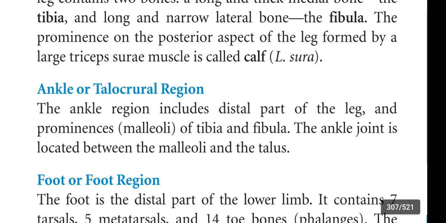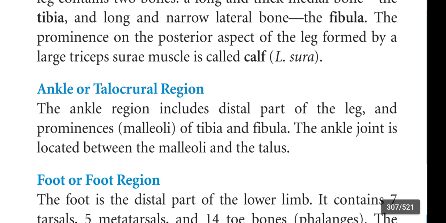The ankle joint is located between the malleoli and the talus. Okay.